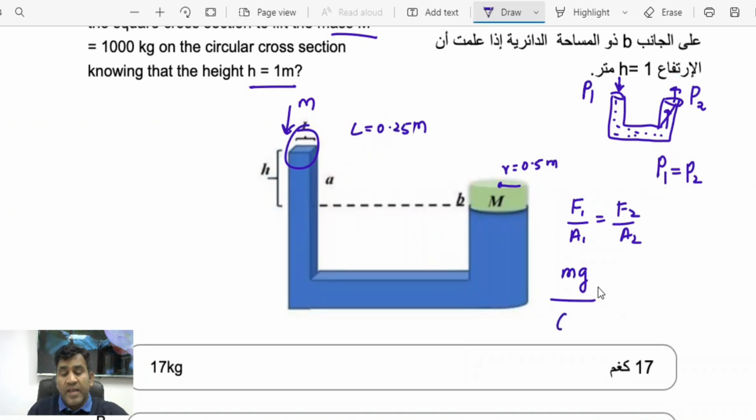Area of a square is 0.25 squared, equal to F2, which is M times G. M is the bigger mass, whose value is 1000 kg, divided by the area of a circle. It is a circular object here, so the area of the circle is pi times 0.5 squared.